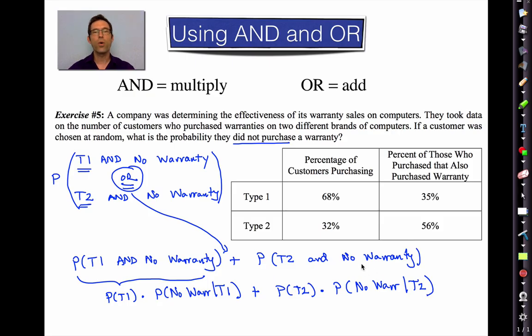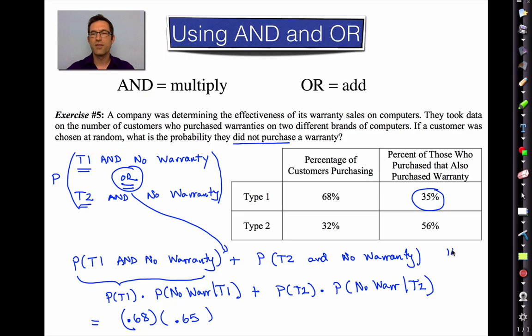See, these no warranty and the types, those are not independent of each other. Well, I'm running out of room, but the probability they got type 1 was 0.68. Now, what was the probability that they got no warranty given that they bought type 1? Well, that's 0.65. This is the probability that they got the warranty.